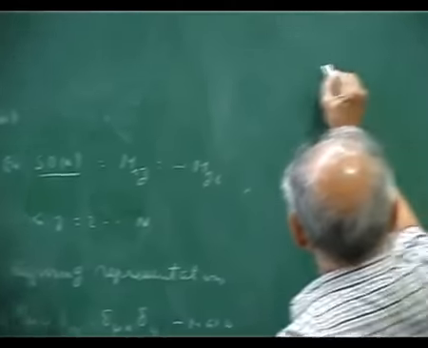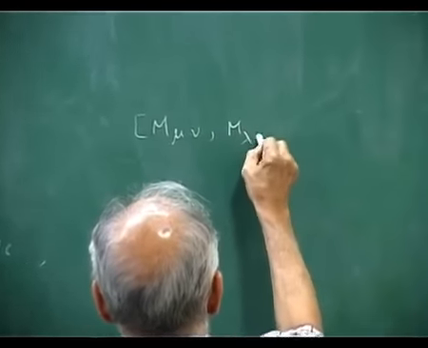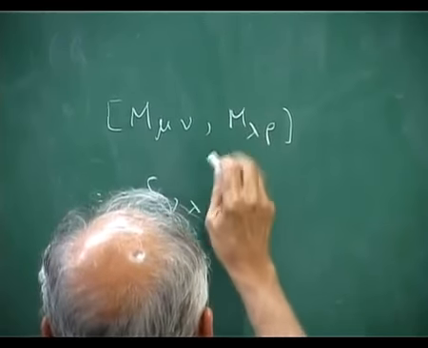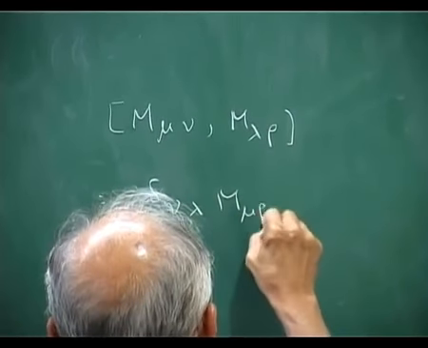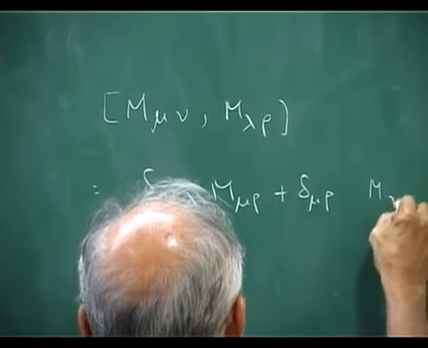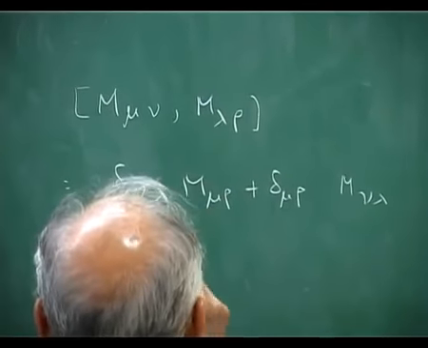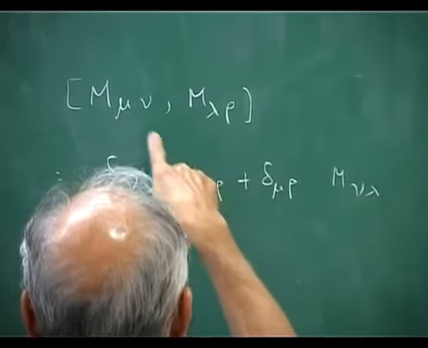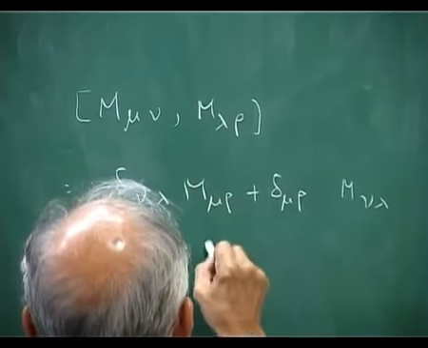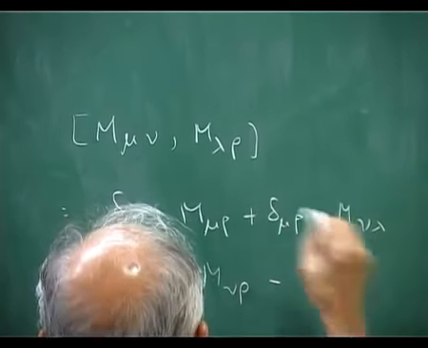M mu nu with M lambda rho is delta nu lambda M mu rho plus delta mu rho M nu lambda, minus, antisymmetrized, delta mu lambda M nu rho minus delta nu rho M mu lambda.